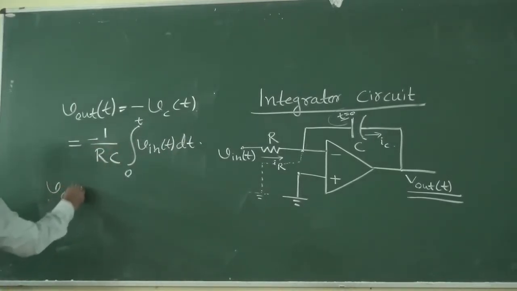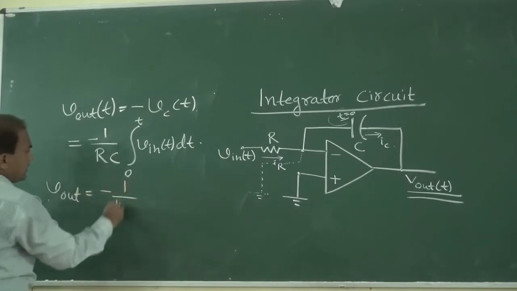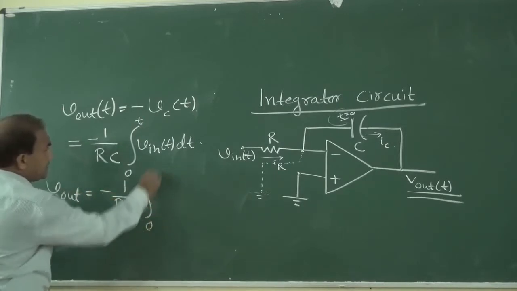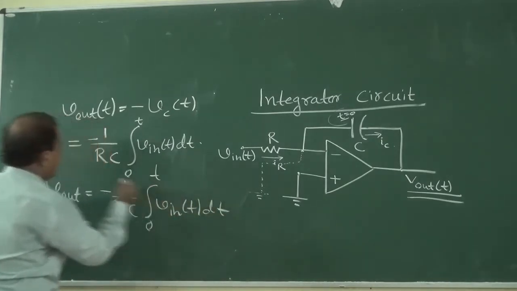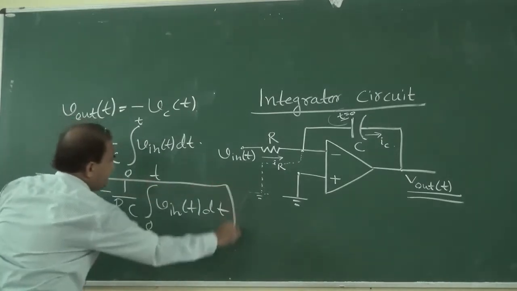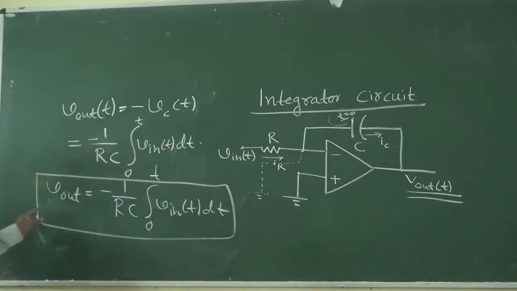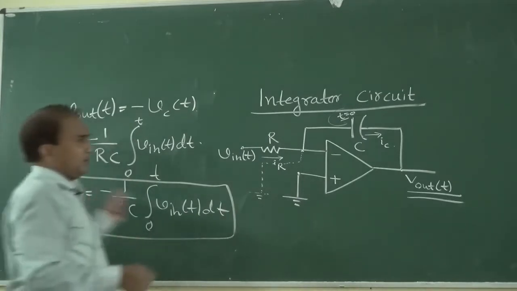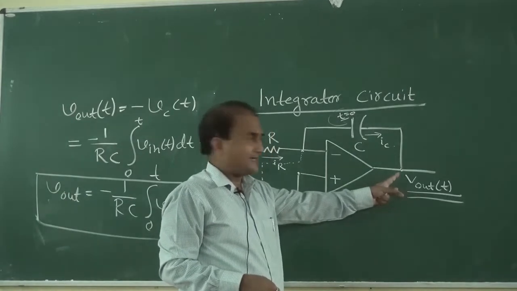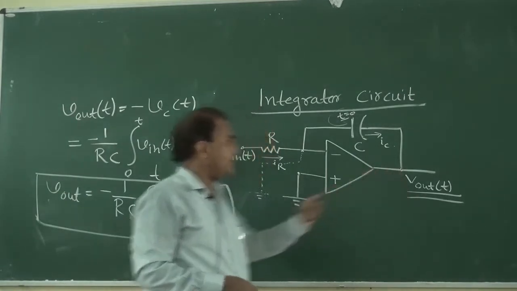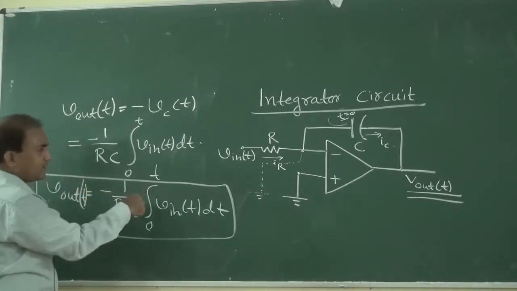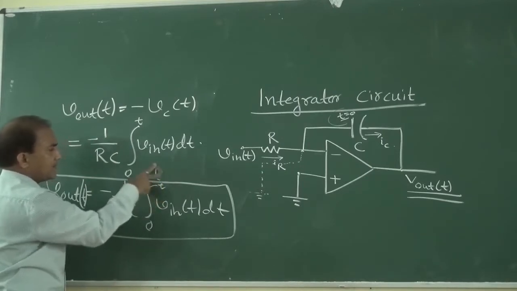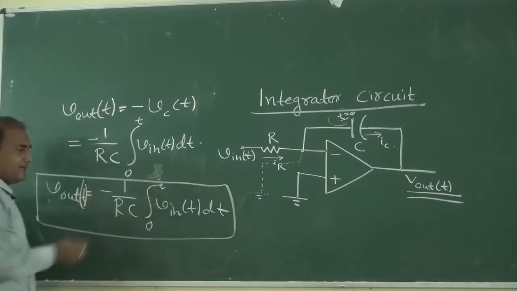V output of t is equal to minus 1 by RC integral of 0 to t V in of t dt.